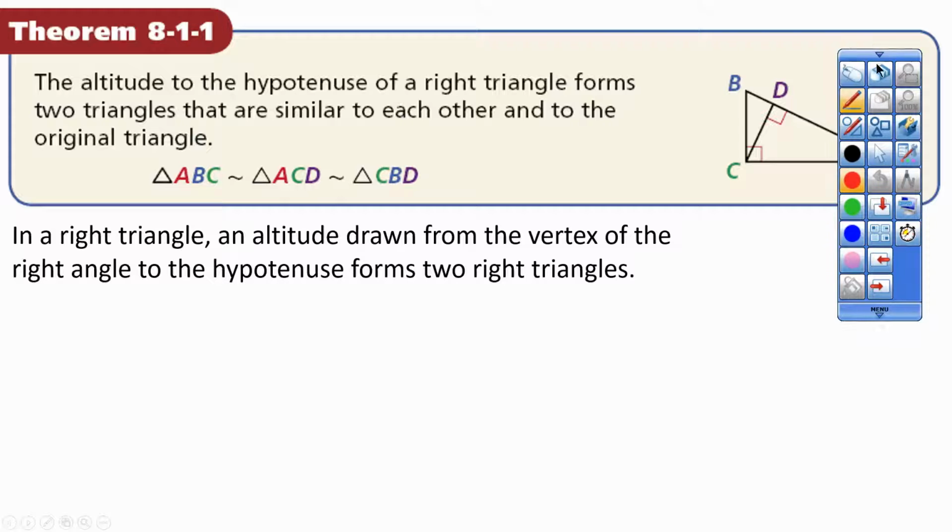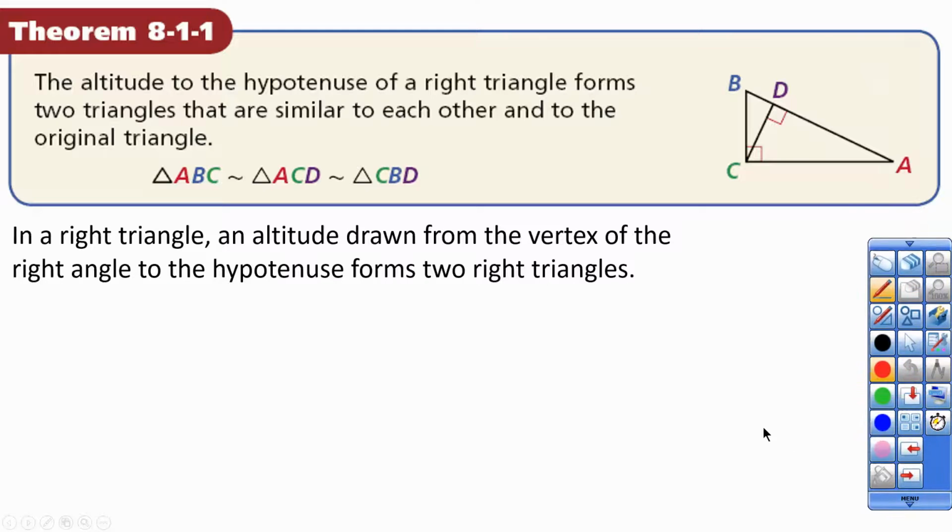All right, so something that's pretty basic on a right triangle, or very interesting, I should say. If you have a right triangle ABC, and then you take the height from the hypotenuse, or the altitude from the hypotenuse to the 90-degree angle, it turns out that that also forms a right triangle.